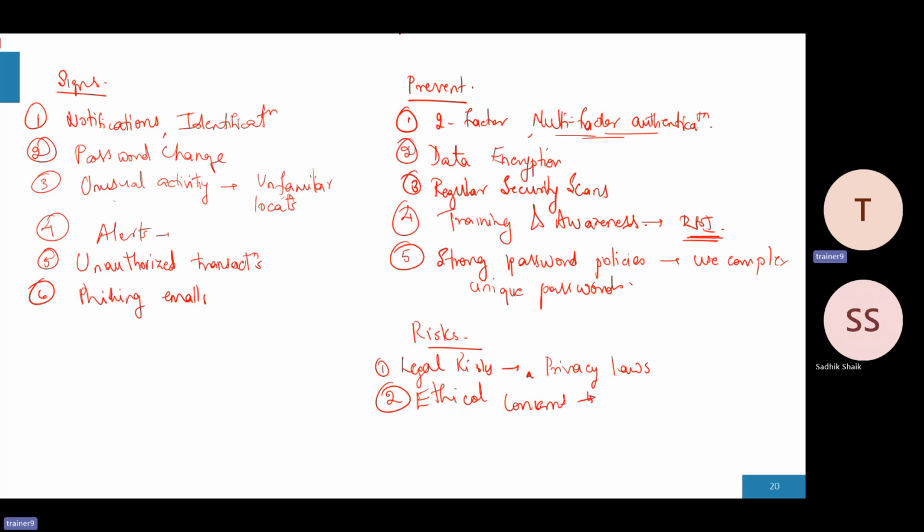The intention might be good, but the way it is done is not right. Because of this, it creates trust issues and violation of ethical standards, and that can ultimately create brand loss and reputational damage. So this is a very important disadvantage.